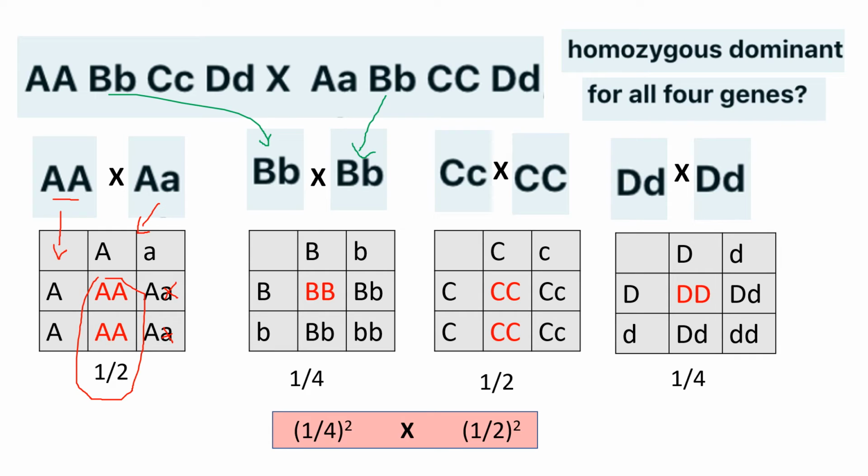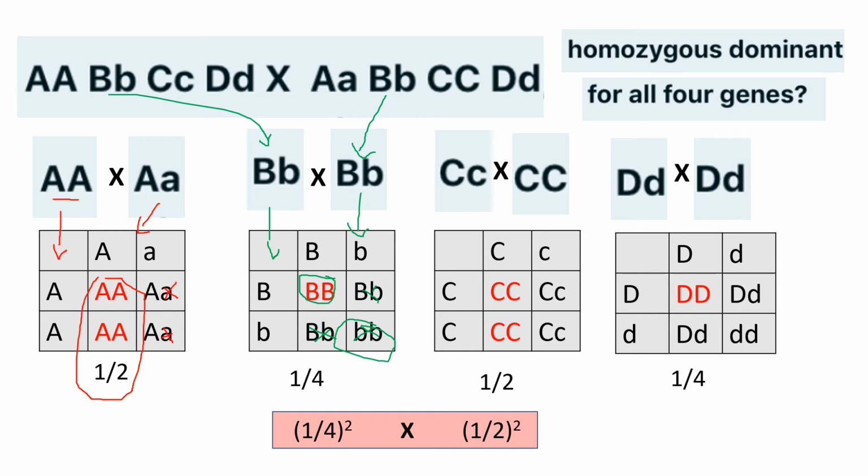So now you make your Punnett square, and different from the previous one, most of them here will be either homozygous recessive, which doesn't work, or heterozygous, which are not the ones we're looking for. So here we only have 1/4 of them.